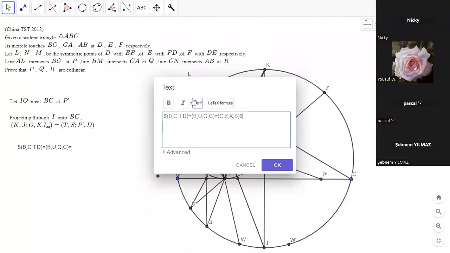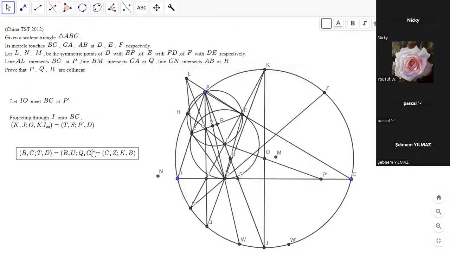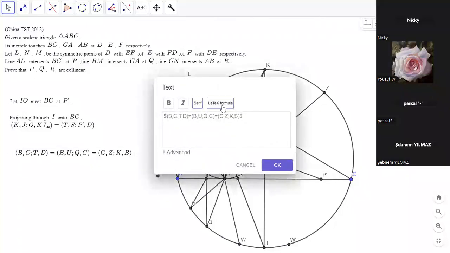Okay. It is BCUQ, not BUQC. Oh yeah, you're right. BCUQ, and that's CBZK. I think that's right.